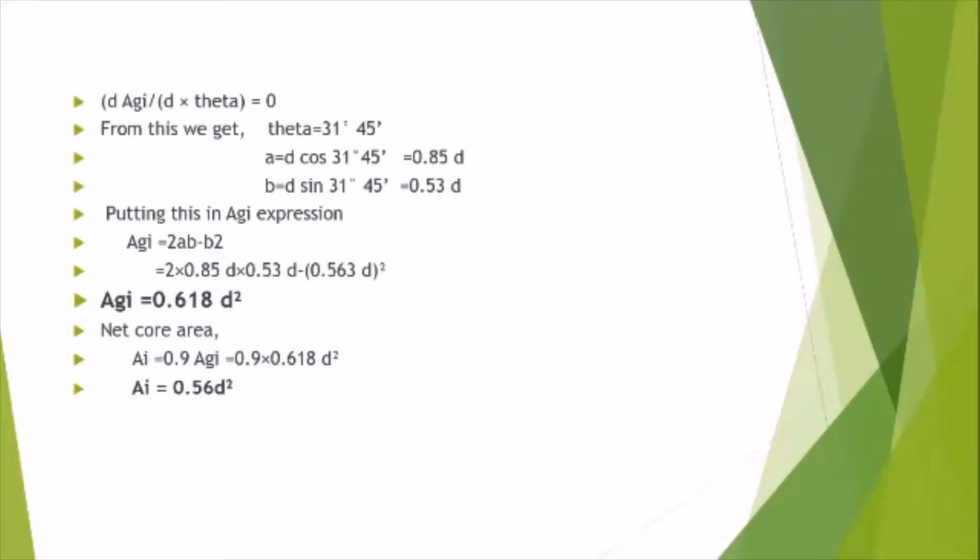Net core area AI is equal to 0.9 AGI, which is 0.9 into 0.618 d square. So net core iron area is equal to 0.56 d square.